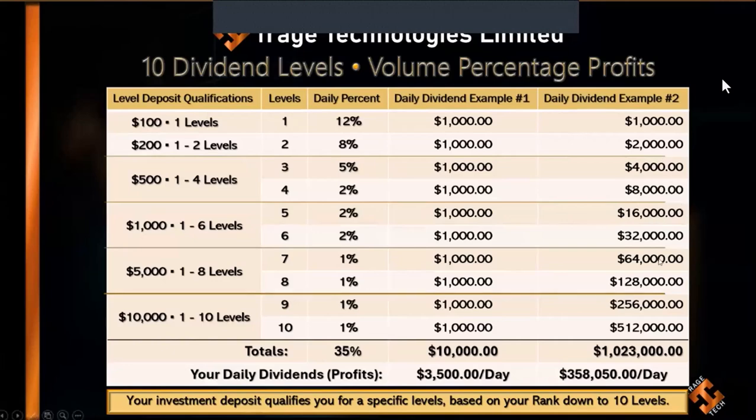This is all profit. If your organization, 10 levels, generates a total of 1,023,000, you earn 35%. You're now making $358,000 a day. What? You've got to be kidding me. Who can do that?